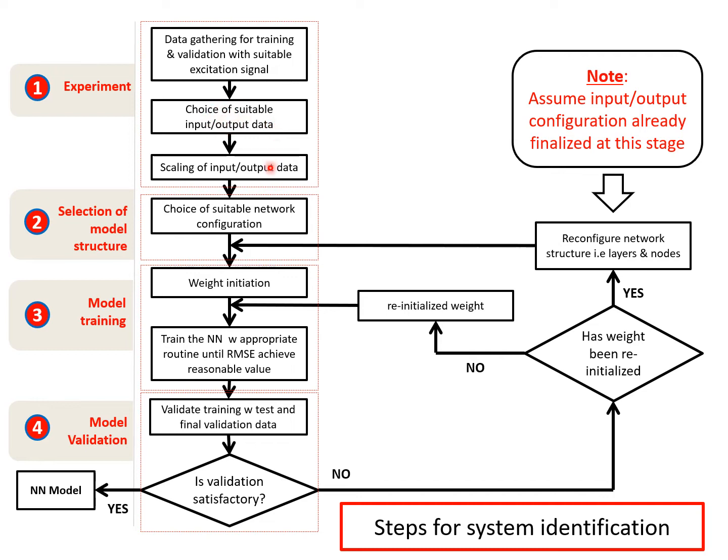And you have to scale them accordingly, normally -1 to 1 or 0 to 1. Then you set the suitable network configuration. You have already fixed how many inputs you want and how many output nodes you want. So you just have to start with an initial guess for the middle nodes, then initialize the weights and start going through the neural network process.